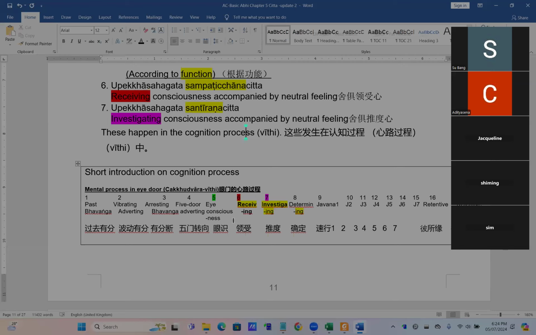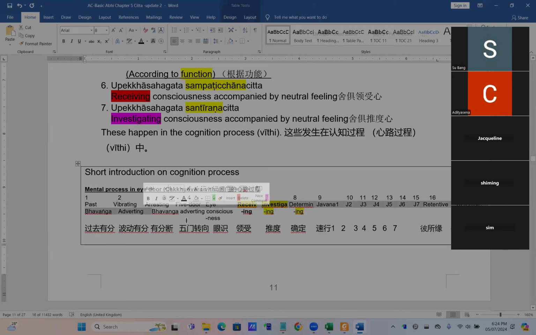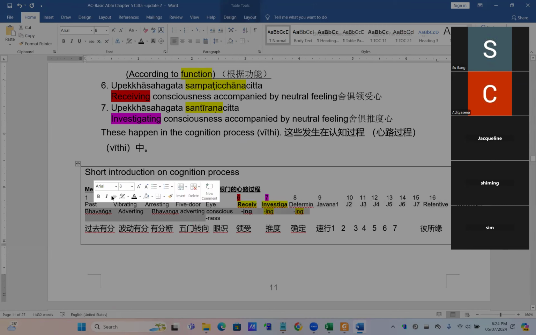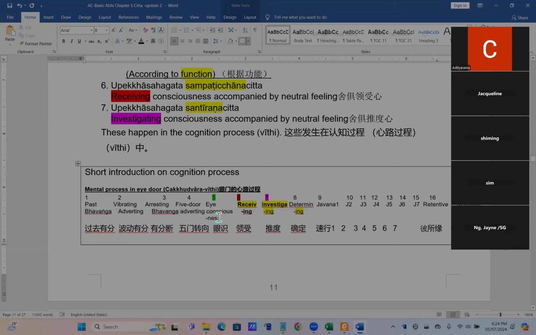Because of that, the feeling is neutral. You mean the change of base, so there is no continuity. But it seems the body is also a change of base, right?